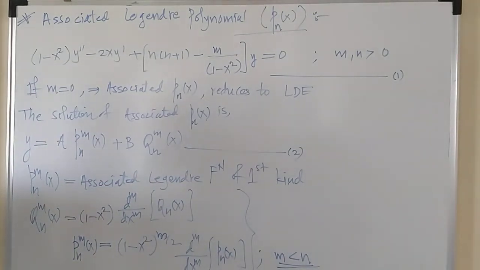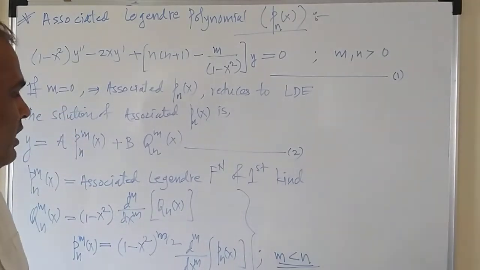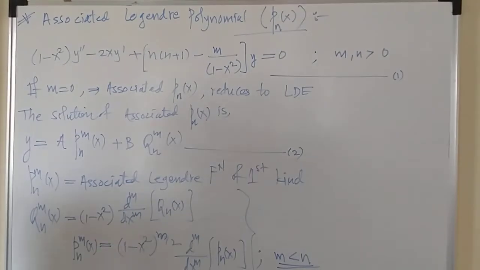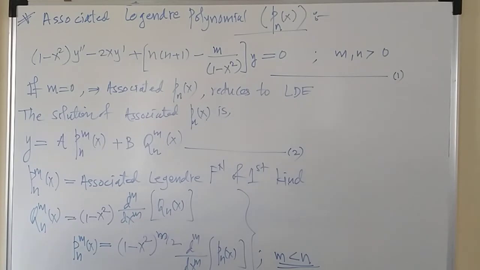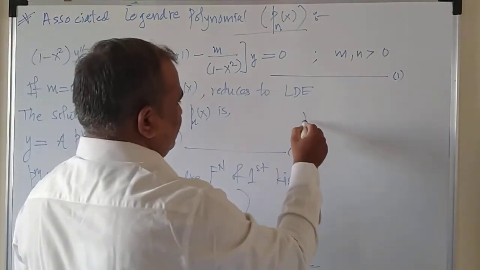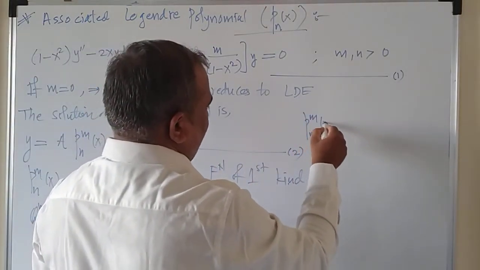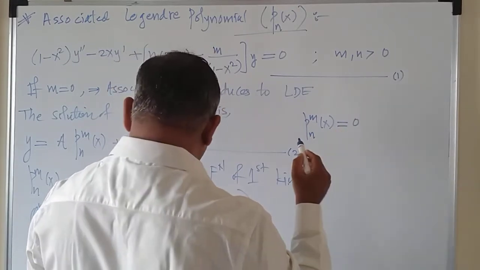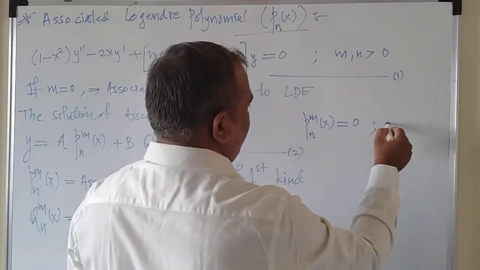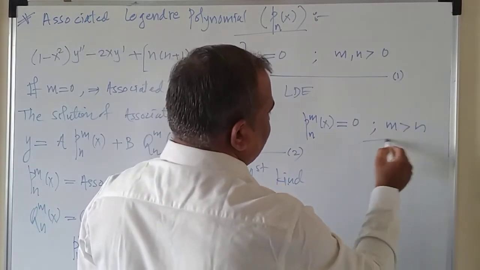So all this is related to the associated Legendre polynomial. Hope you have understood. Now let's go for the orthogonality property of these polynomials.